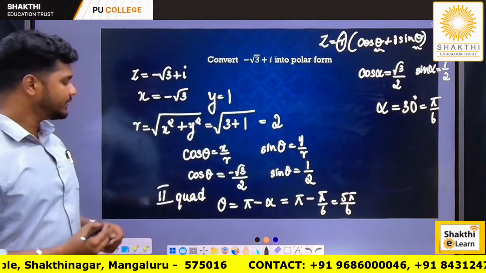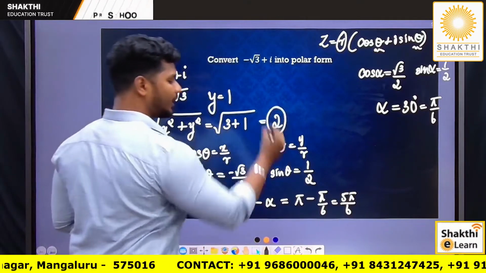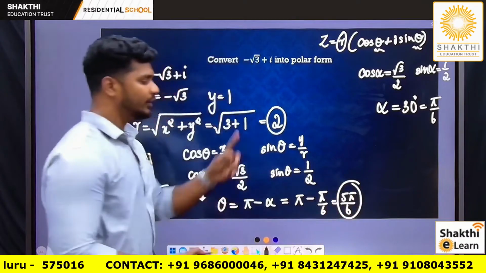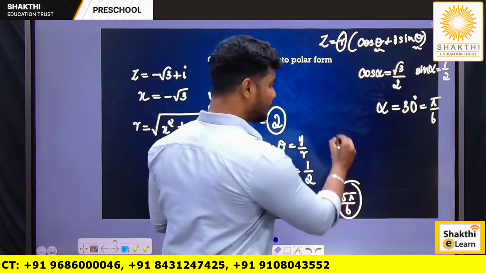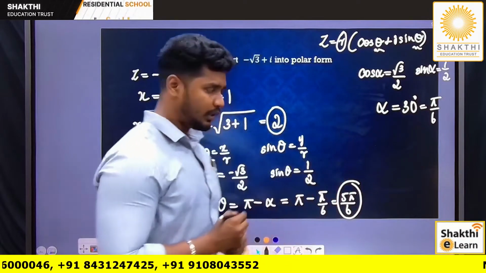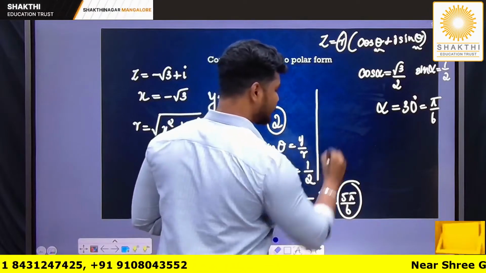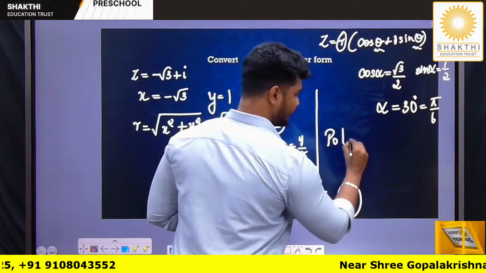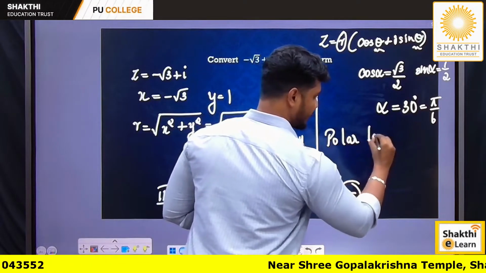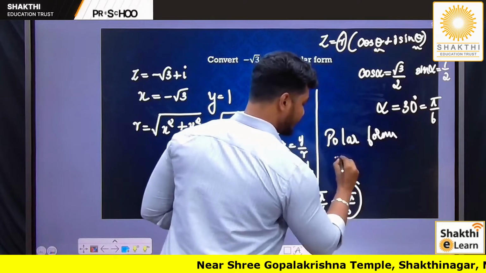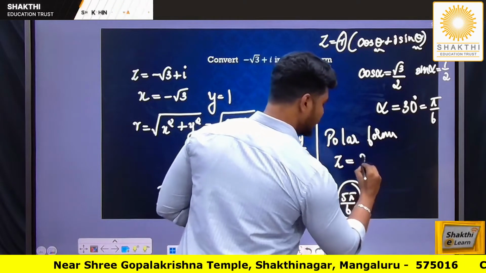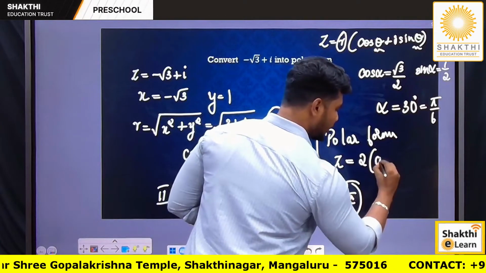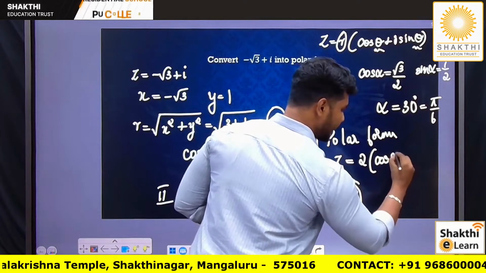Now you have the value of r as well as theta. The two things that you require are r and theta. You substitute them in the polar form. Therefore, the polar form will be z is equal to r, which is 2, multiplied by cos theta, that is 5 pi by 6, plus i sin theta, that is once again 5 pi by 6.